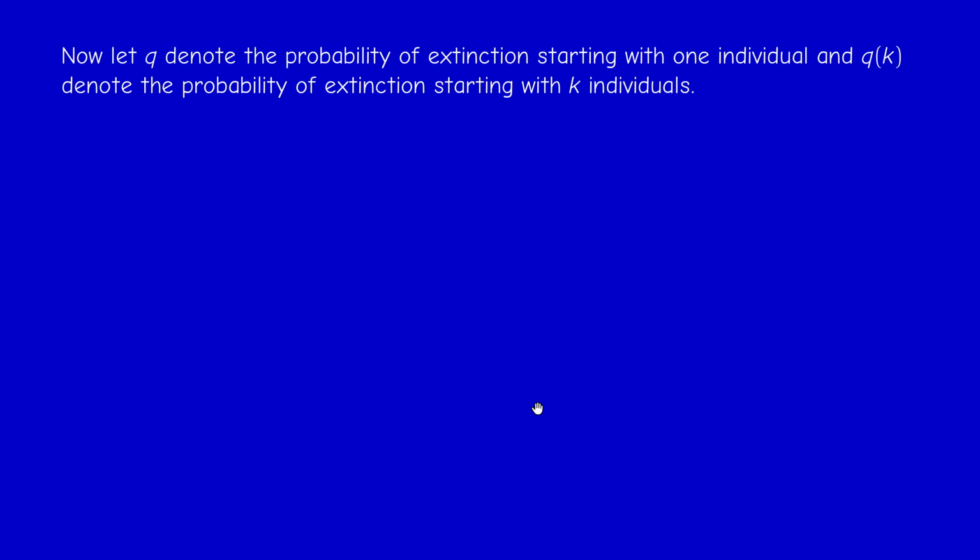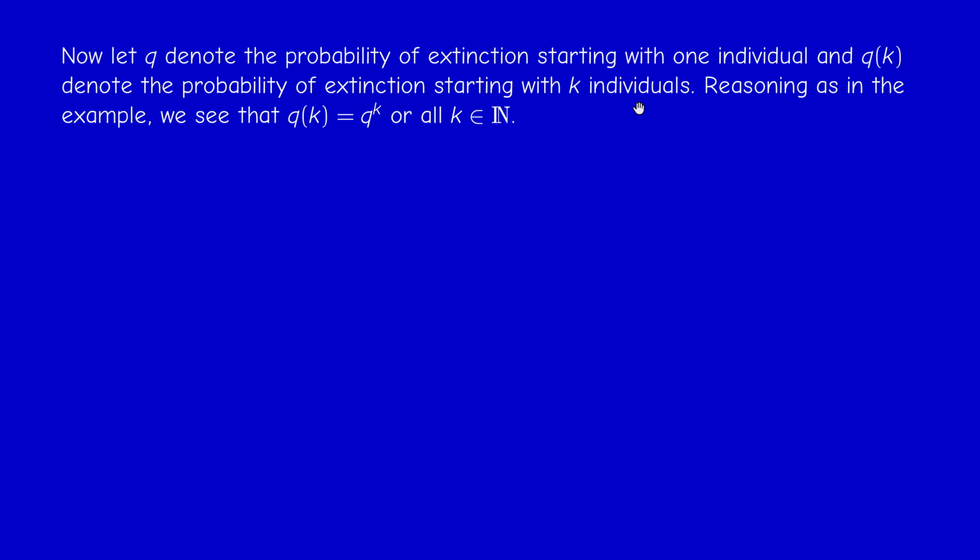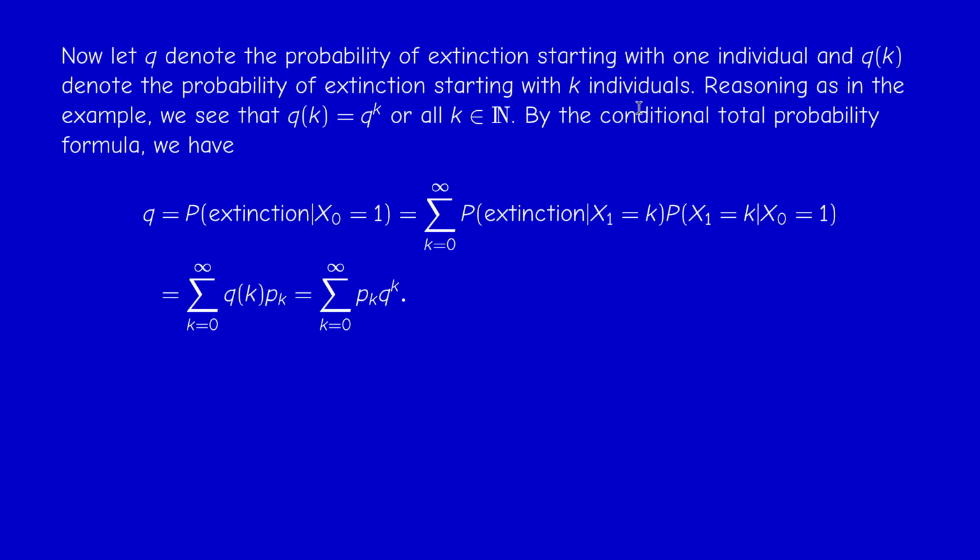So we reason as in the riddle. My unknown probability I denoted by Q, and Q of k is the probability of extinction starting from k individuals. So as before, Q of k is just by independence Q times itself k times. And I do the same reasoning that I did in the riddle. So Q is the conditional probability.